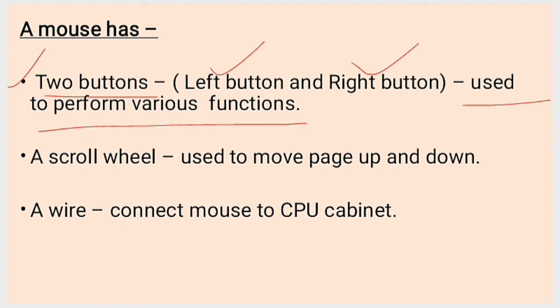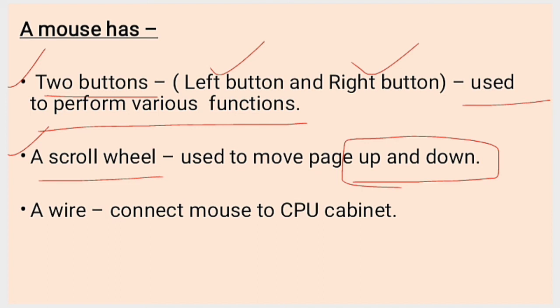Okay. Second is a scroll wheel. What is the use of a scroll wheel? So a scroll wheel is used to move the page up and down. We are scrolling the page, we are moving upward on the page or downward. हम पेज पे ऊपर नीचे scroll करते हैं.